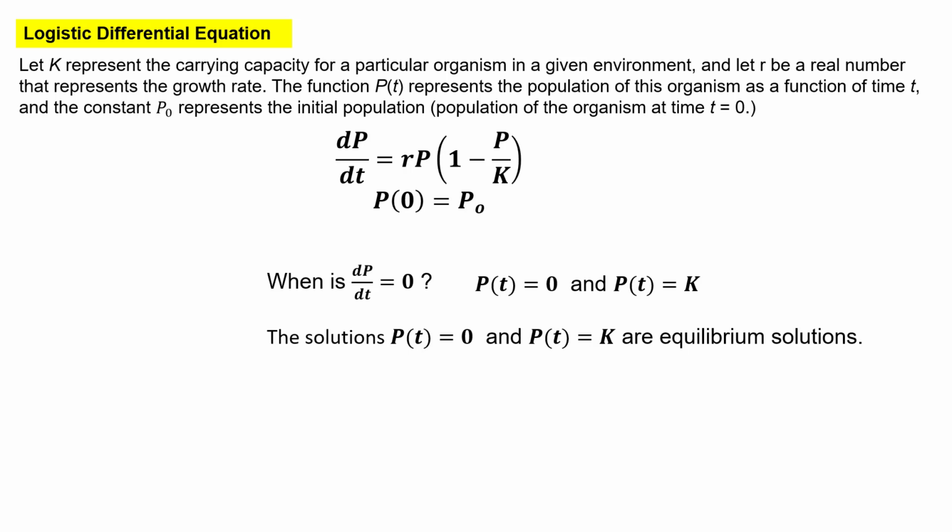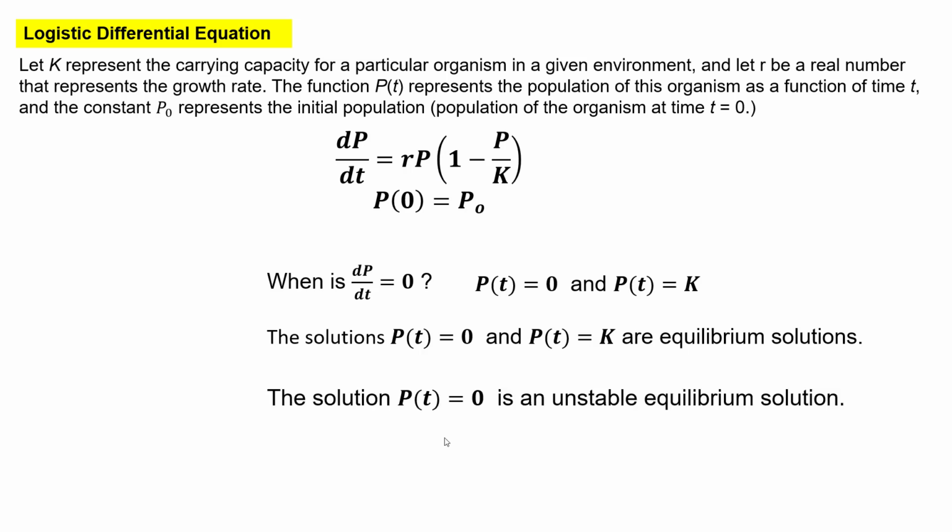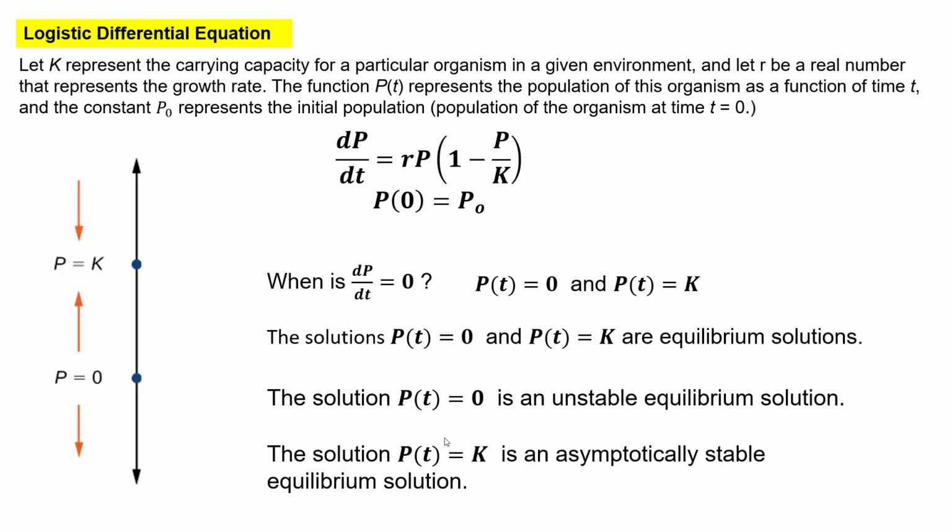We're not going to look at the slope field just yet because we don't know what R and K are, but we will. Sometimes this is used to demonstrate how stable or unstable the solutions are. P of t equals 0, we'll see by looking at an actual example, is an unstable equilibrium solution. And P of t equals K is an asymptotically stable equilibrium solution.